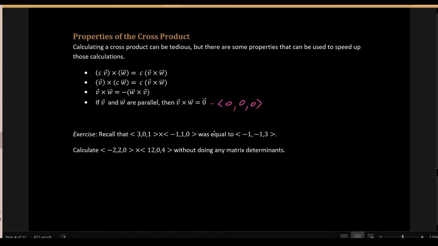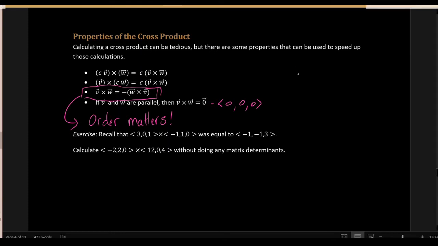Now the third property of a cross product, which also is a bit of a warning, is that order in the cross product really does matter. It's not like products of numbers, it's not like dot products of vectors, where you can basically take the product in any order you want.